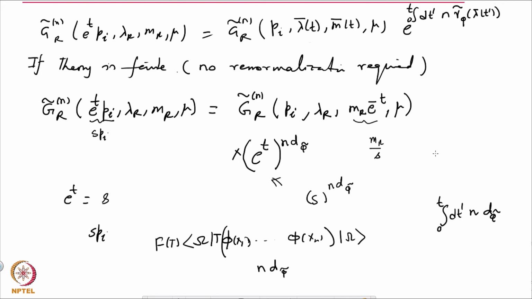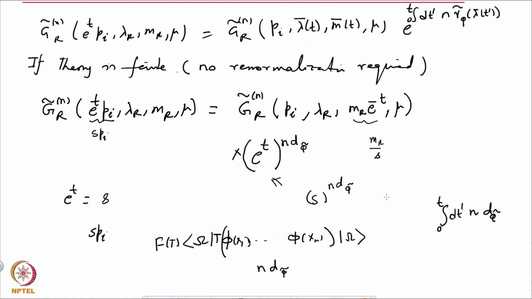Okay, if you look at this Green's function and say, okay, I just want to see how things scale if I scale the momenta, in the case of a finite theory, then you see that it is scaling according to the canonical dimension of phi tilde, right? This object has mass dimension n d phi tilde, and it is getting scaled as s to the power n d phi tilde. Okay, that's the naive scaling that you expect.